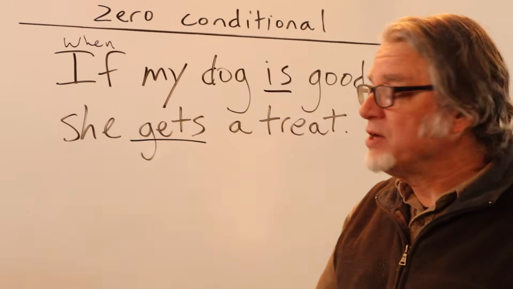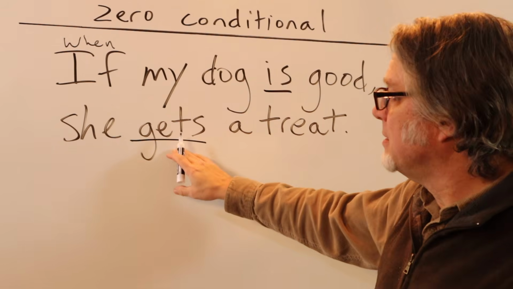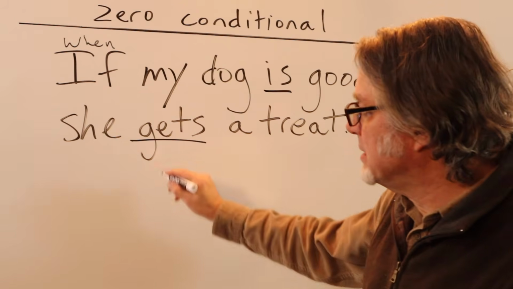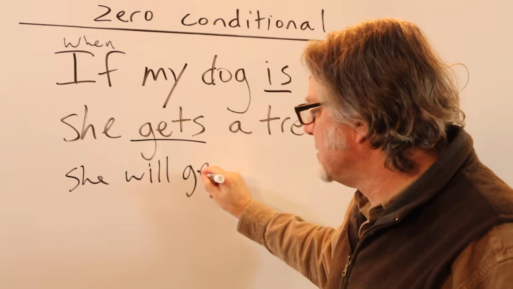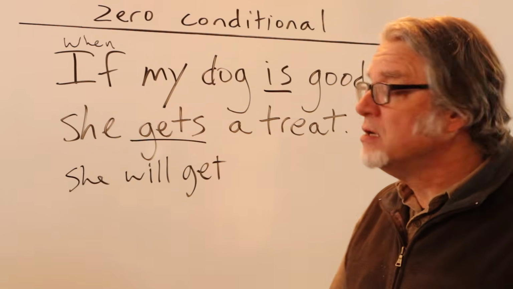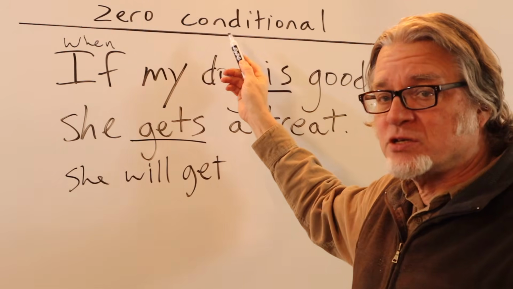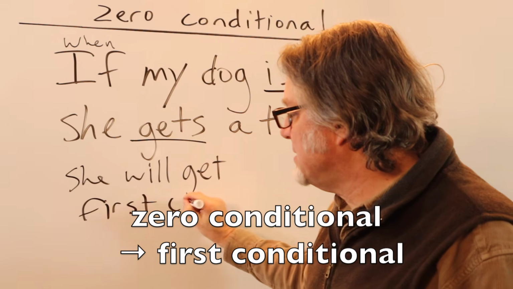It's also possible to use will get here. If my dog is good, she will get a treat. Now the sentence is changed from the zero conditional to the first conditional.